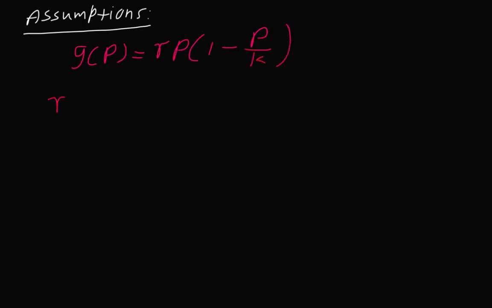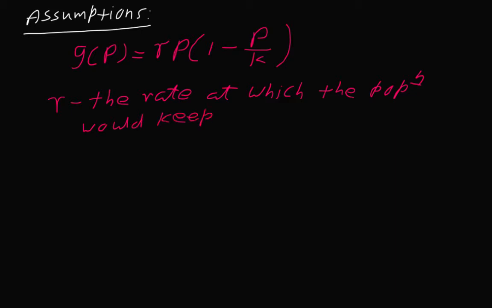So R is the rate at which the population would keep growing in an unlimited environment.